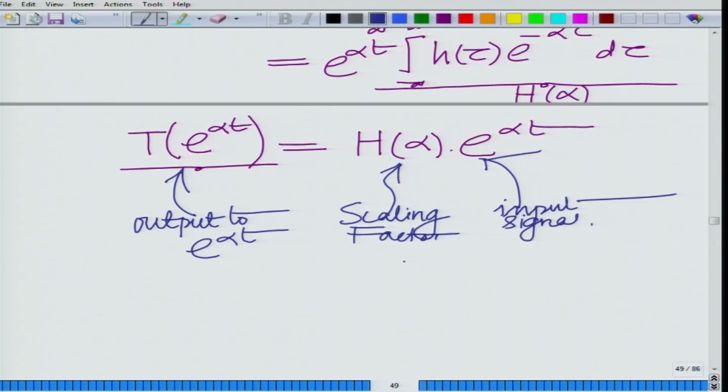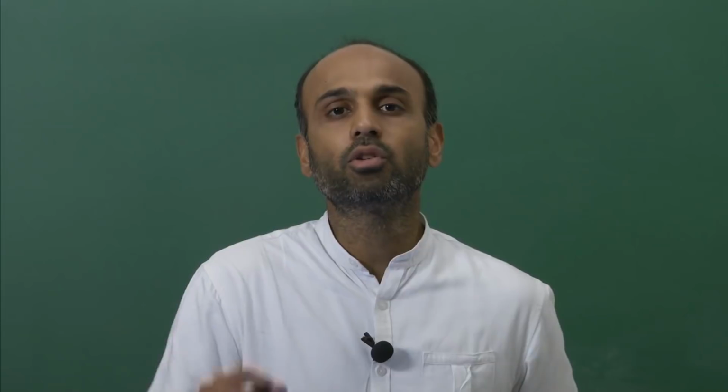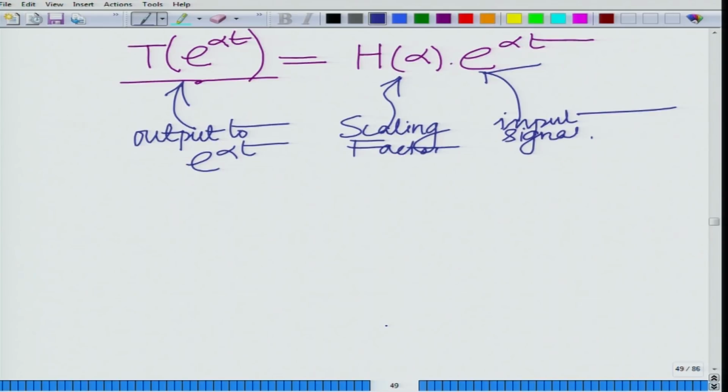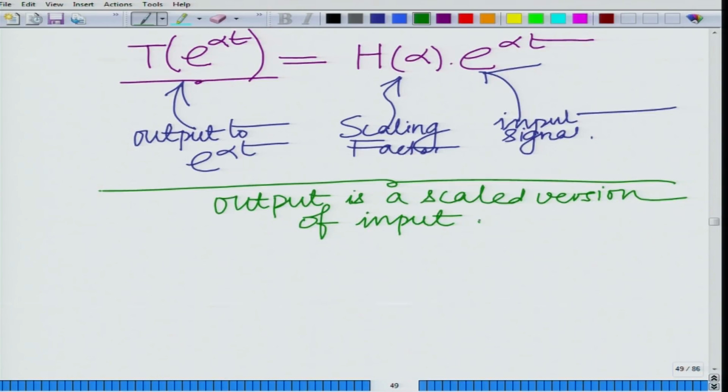So, we have the output signal of x of t being some constant k times x of t, correct. The output is simply a scaled version of the input.